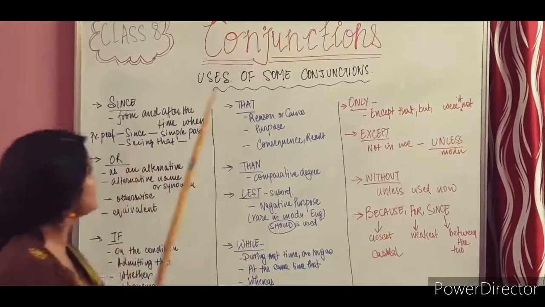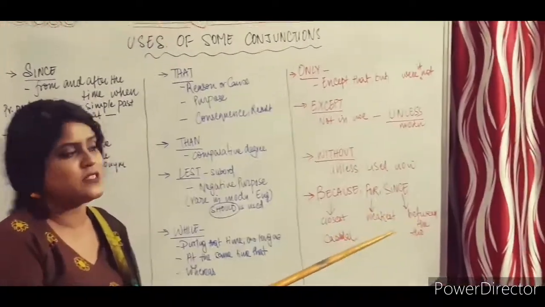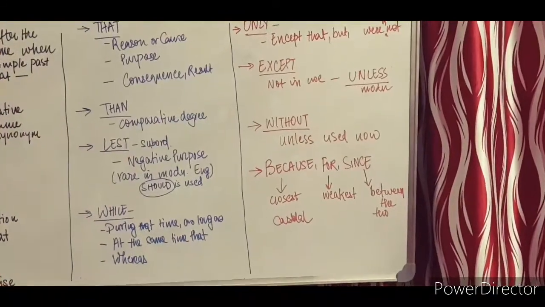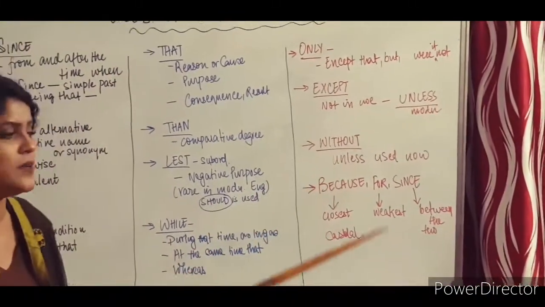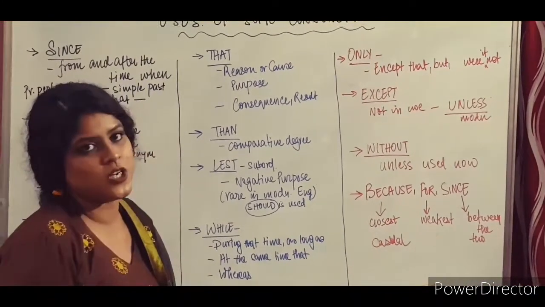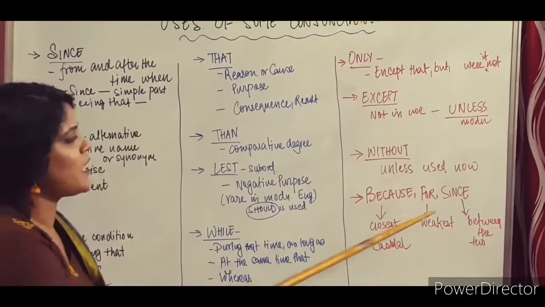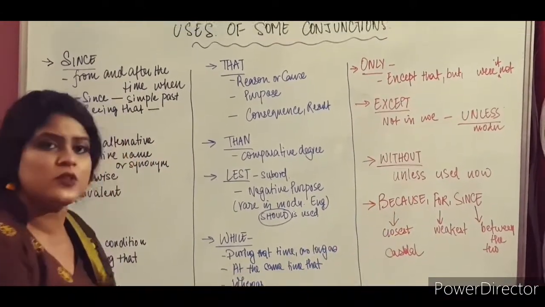Now since is used differently here. This is used for cause and reason, and this is used to show some sort of time lapse. Now, because is the closest causal conjunction. All three of these are causal conjunctions. Because is the closest one to be used.